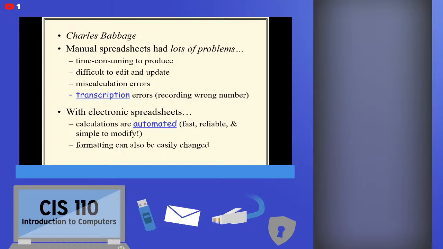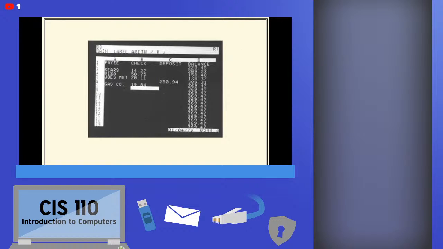And it's an actual picture of what VisiCalc looked like. And we can see here that as far as the interface goes, what we have today looks quite different.